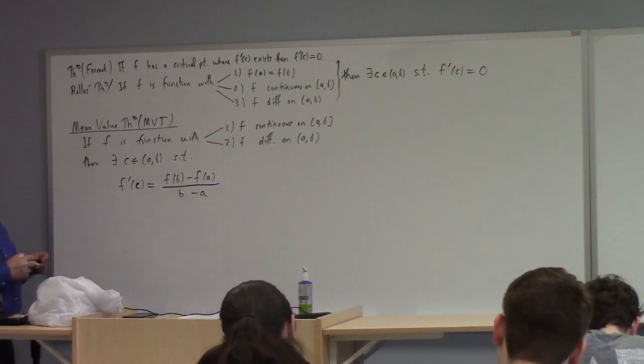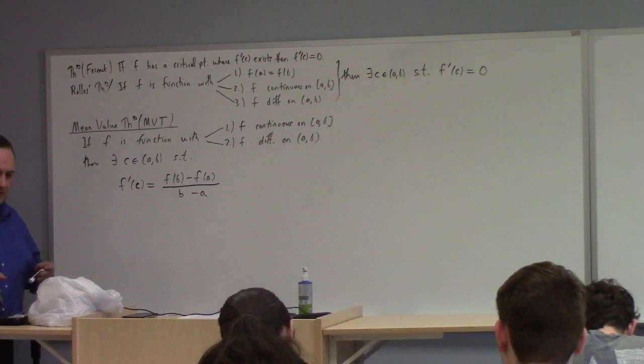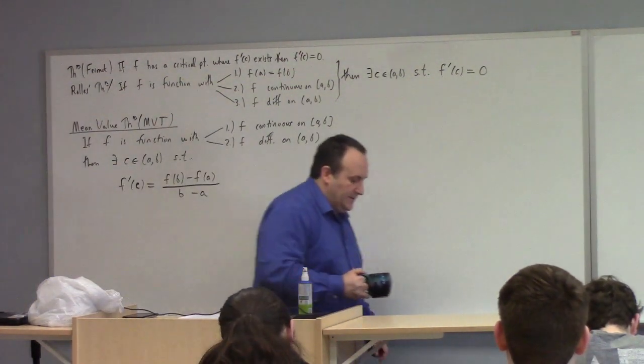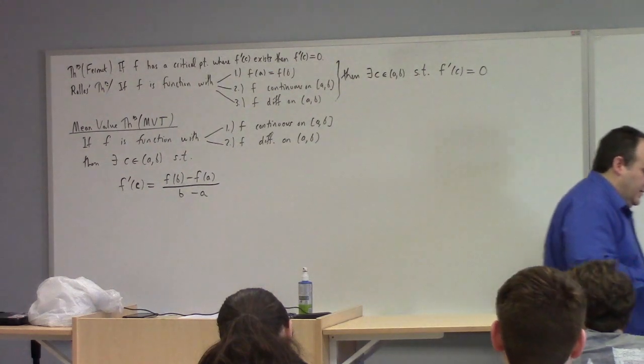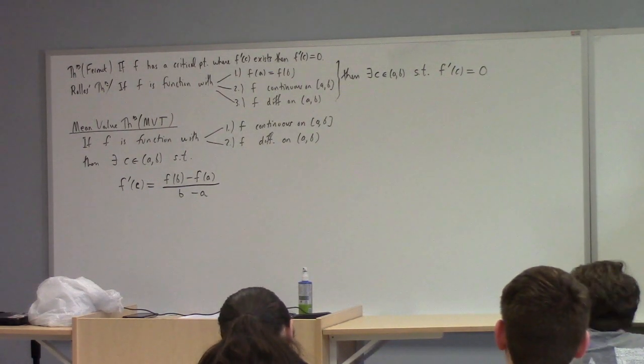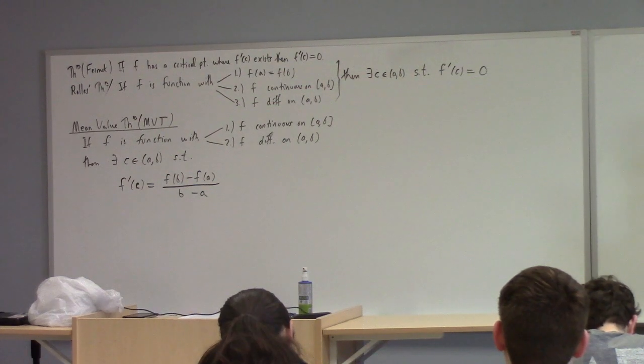So these three theorems you really need to know for this class. I expect that you know what they are when I talk about them. But of course, the mean value theorem is the most important one for you to memorize for your future reference. It's something we use from time to time in calculus.